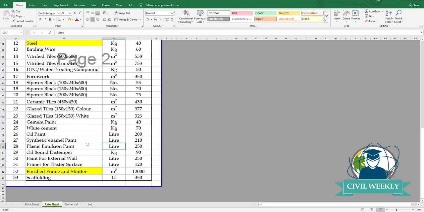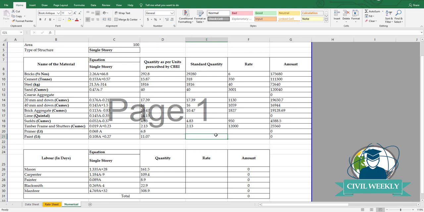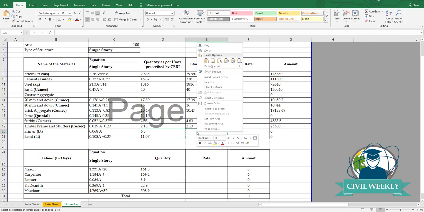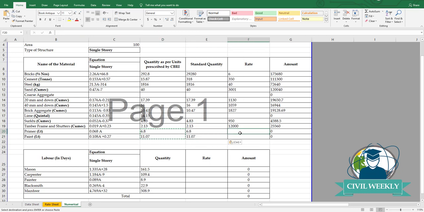So primer is 120 and plastic emulsion paint is 250. So these values I can take directly as they are. Primer is 120 and the paint is 250 rupees per liter. So I've got the value over here.